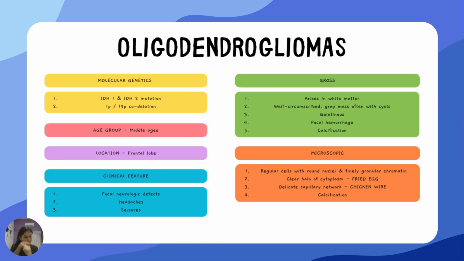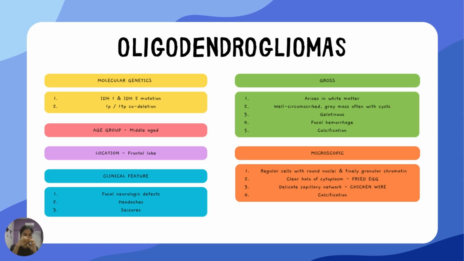And this cytoplasm is a clear halo, which means here it's going to be dark and then the surrounding is going to be white, which symbolizes your fried egg. So basically when you eat your fried egg, just remember that oligodendrogliomas look like that.